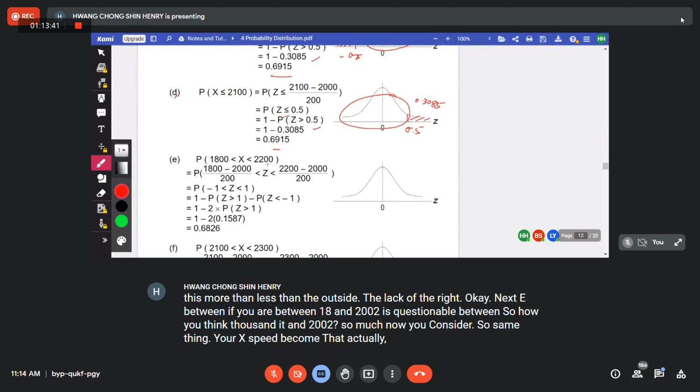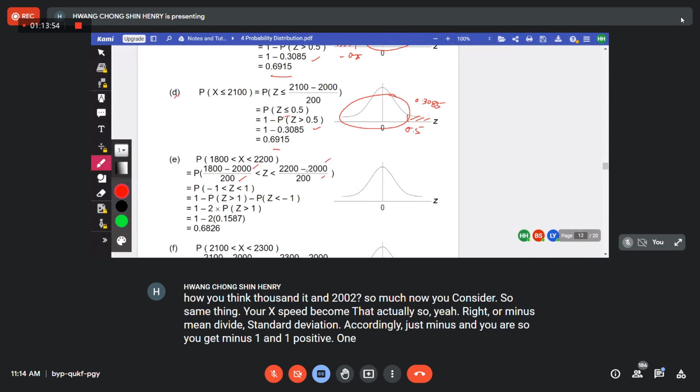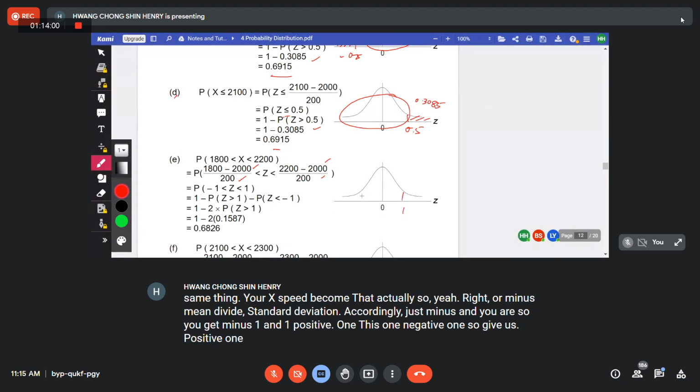Both left and right have the minus mean divided by standard deviation. Accordingly, just minus and divide. So you get minus 1 and 1, right? One positive 1 and this one negative 1. If I ask you to label this, positive 1 is here, negative 1 is here. Between is here, right? What you want is between minus 1 and 1.